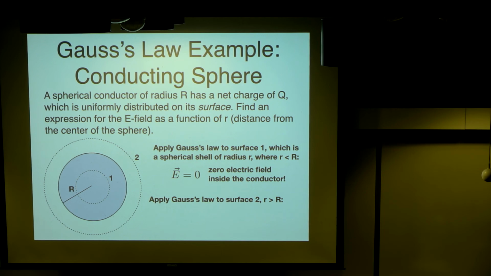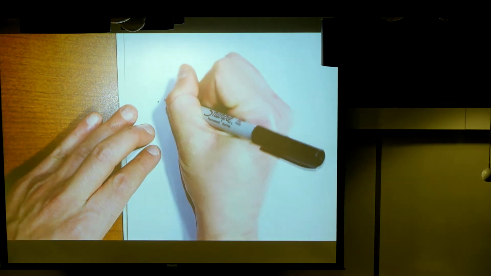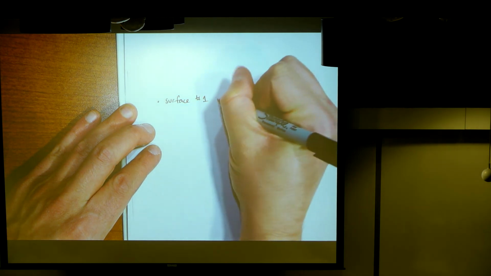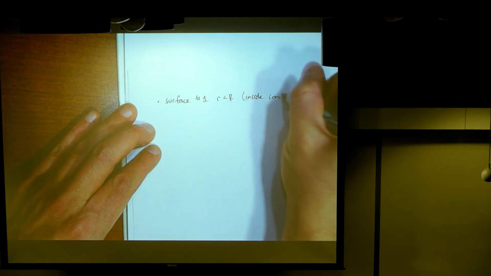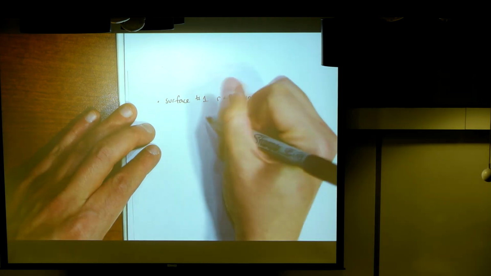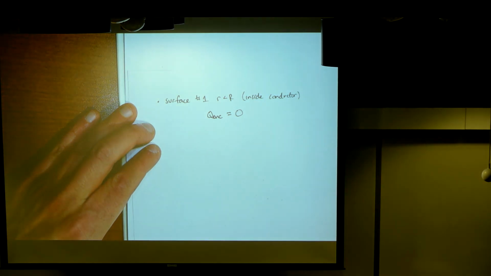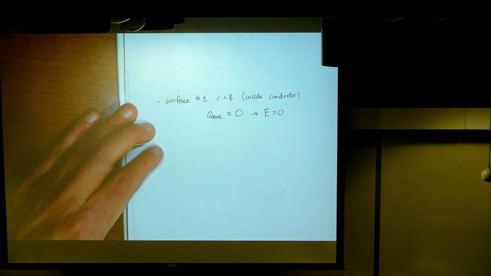Okay, so going through this now. What we found, just to summarize, is that when we applied surface number 1, which was inside the conductor, the charge that we were enclosing was 0, and therefore when we apply Gauss's law, that means E is equal to 0.